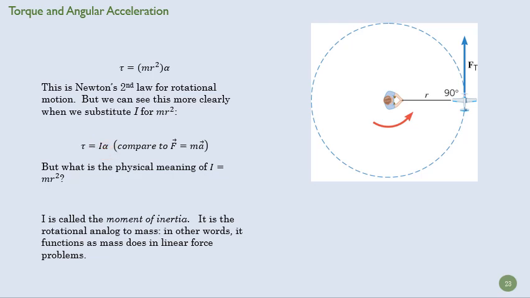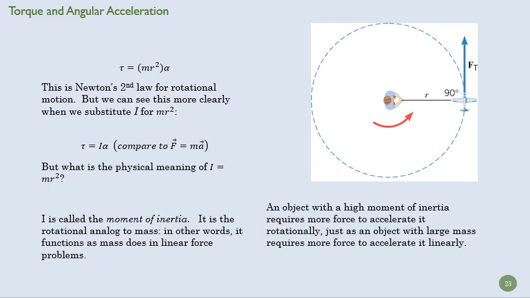Just like if I'm pushing a semi-truck with a given amount of force, it's going to accelerate more slowly than if I'm pushing a car with that same force. So our moment of inertia is our rotational mass, essentially. It's the rotational inertia of this system.